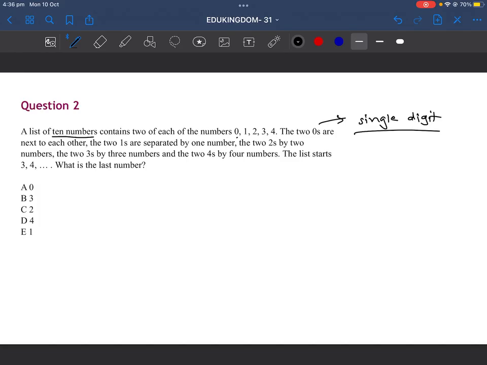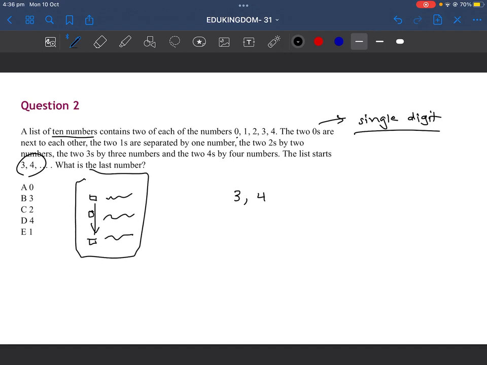The 2 zeros are placed next to each other, so we know no matter what it comes up. The important part is here. We start with 3, 4. And also, guys, when we do a list, normally, for example, a to-do list, we go vertically down, don't we? We list our points and we say this is a list.